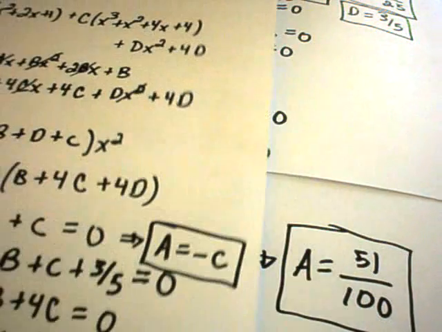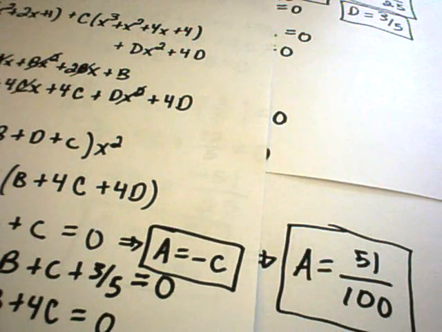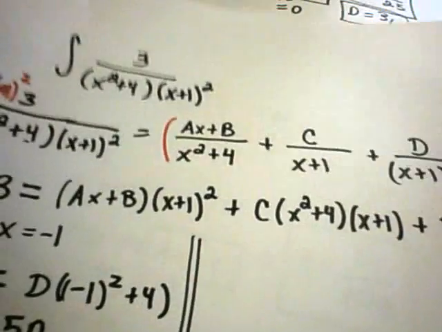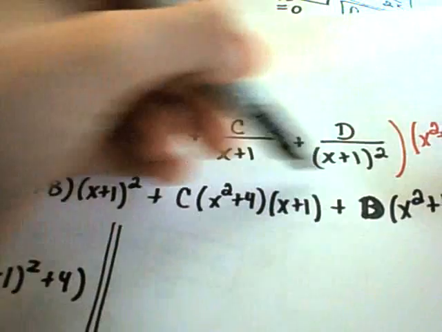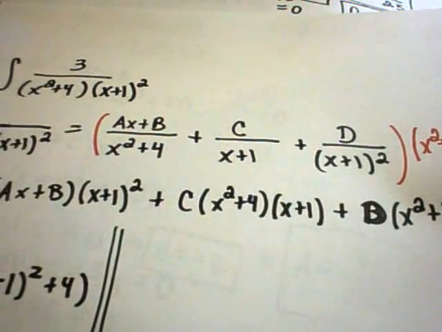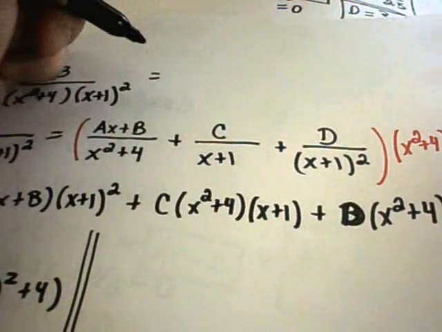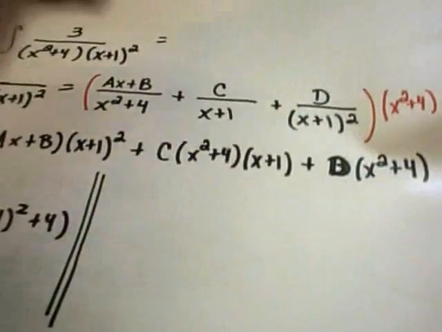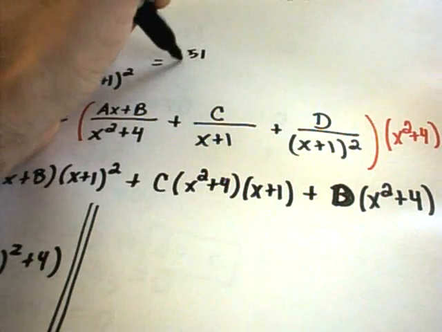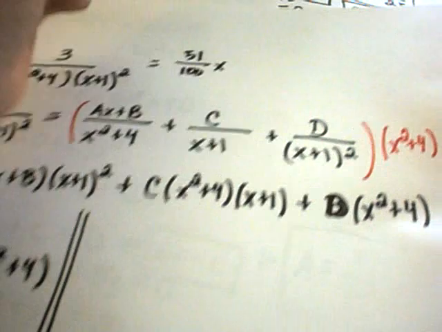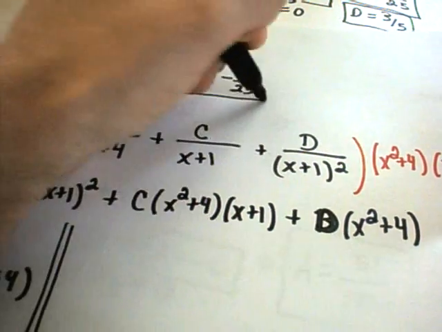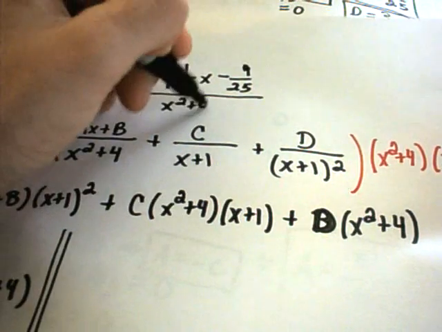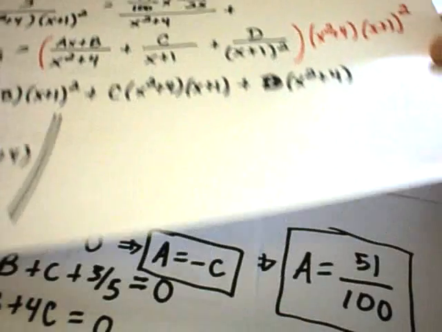So the original thing that we were trying to integrate in the first place was all of this stuff, and we broke it down as this. So our original integral is going to be ax. So a was 51 over 100 times x, plus b, which is negative 9 over 25. That's all over x squared plus 4, plus c.